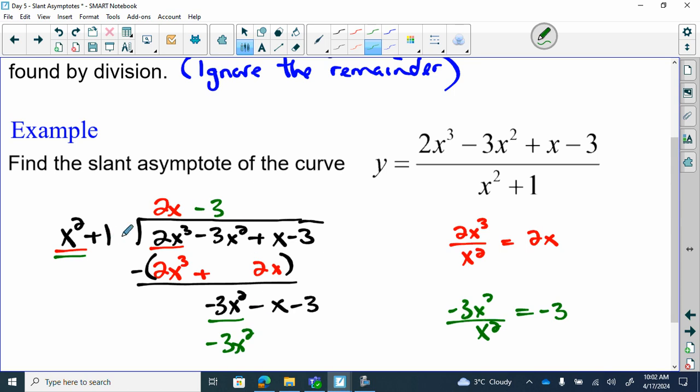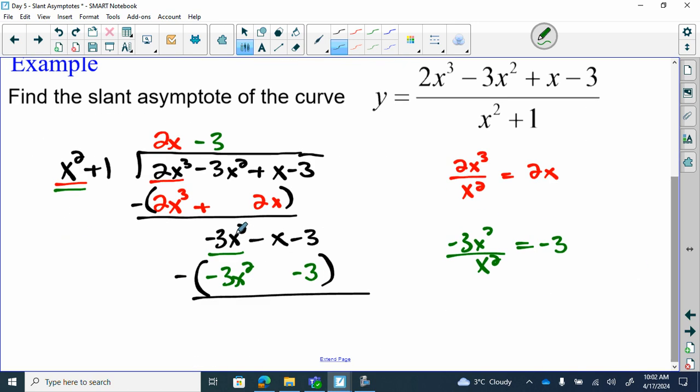Negative 3 times 1 is negative 3, and I will subtract. Notice how I wrote the constant negative 3 under that constant negative 3. Negative 3x squared minus negative 3x squared would be 0x squared. Negative 1x minus 0x would be negative 1x. And negative 3 minus negative 3 would be 0.